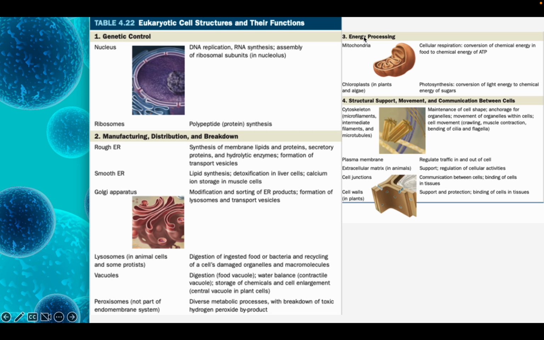While for the energy processing, we have mitochondria and chloroplast. For the structural support, movement, and communication between cells, we have the cytoskeleton, plasma membrane, extracellular matrix, cell junctions, and the cell wall. Let us now view a video about the different organelles.